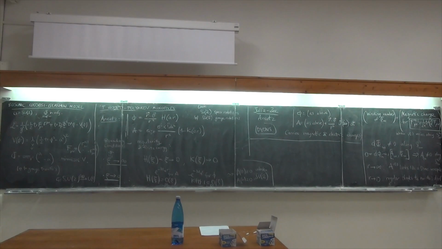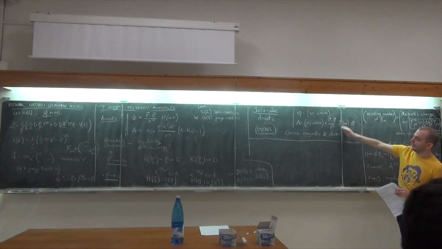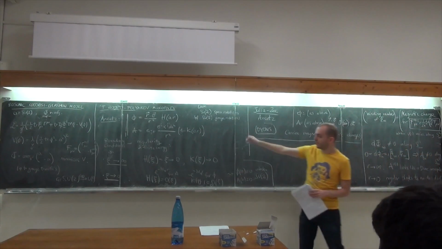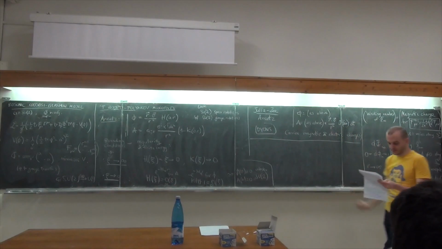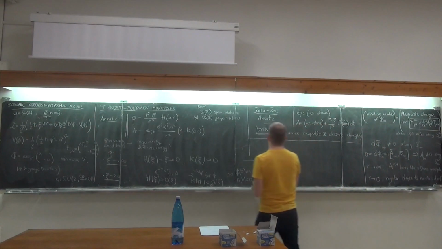But as we will see, there is a simplified ansatz where instead of solving the field equations, we can solve some first order differential equations, which are easier, and actually find monopole and dyon solutions. So this is what I'm going to do next.